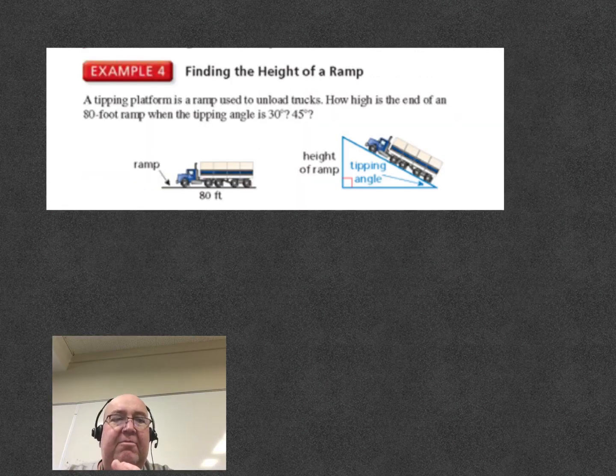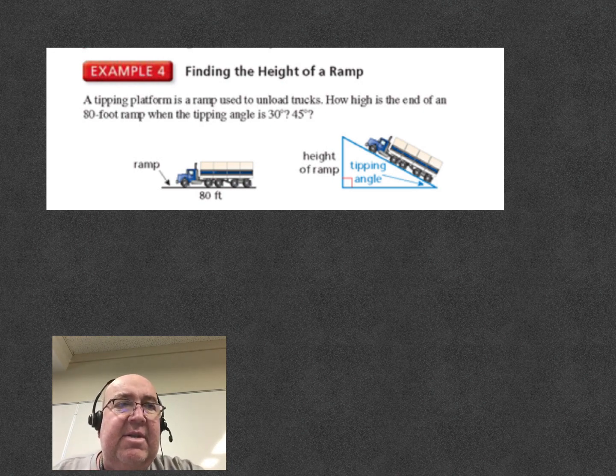So we have a couple of problems here. This one involving a truck, and we want to find the height of the ramp, which is going to be the short side. We know that the length of the ramp is 80 feet, our long side, and we're going to use both a 30 and a 45 degree angle for the ramp.